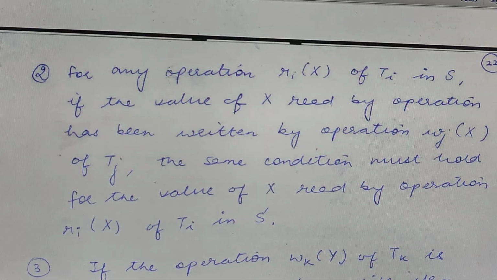Tj has written some value of data item X, and then Ti is reading that value. Then in schedule S dash, the equivalent schedule, we should have the same scenario. Ti should read the value of data item X that is written by the transaction Tj. The sequence should be the same, written by Tj, then read by Ti. In S dash as well, it should be the same, written by Tj and read by Ti.